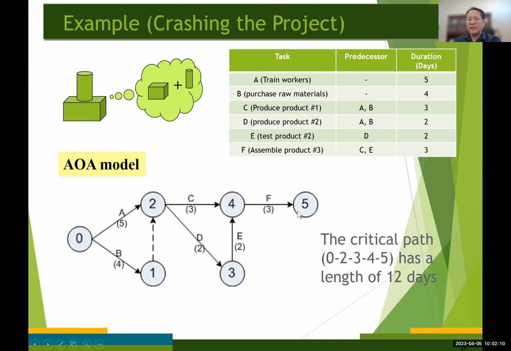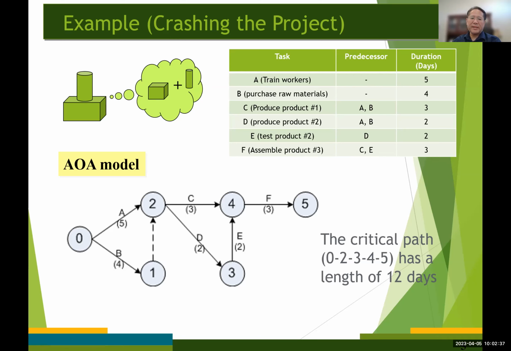And down here, node number 5 represents the completion of the project, right? We also talked about how a dummy activity is needed in this case to ensure that node number 0 and node number 2 cannot be connected by more than one arc. All right.